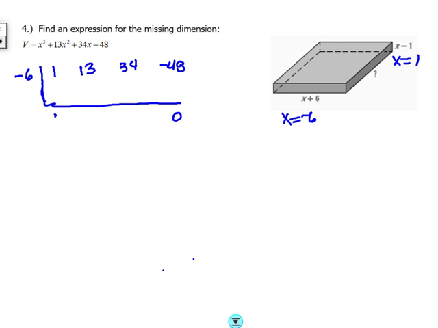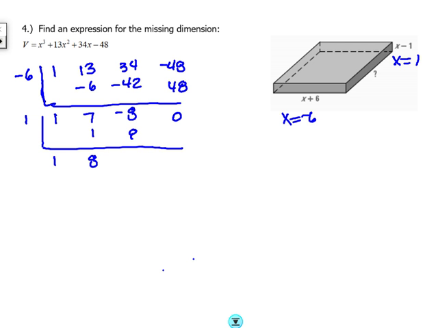All right, let's do synthetic. Drop, multiply, add, multiply, add, multiply. All right, since I have another factor, I can use synthetic again. So this time with the 1. So do synthetic again. I get 1, multiply, add, multiply, and there's my 0 again.